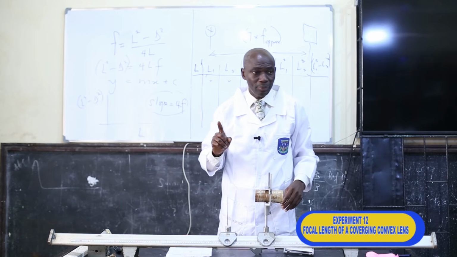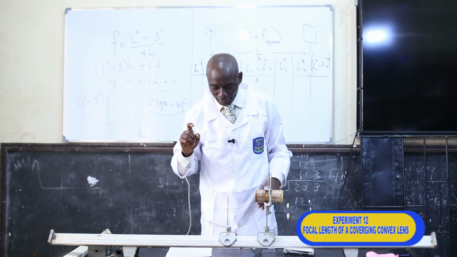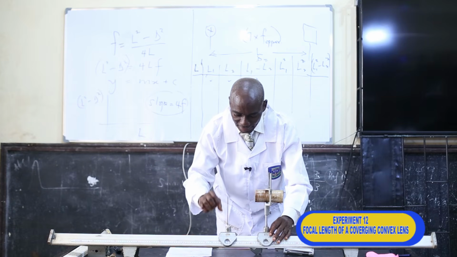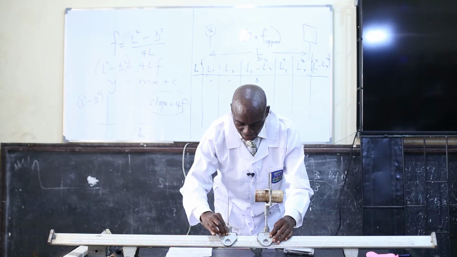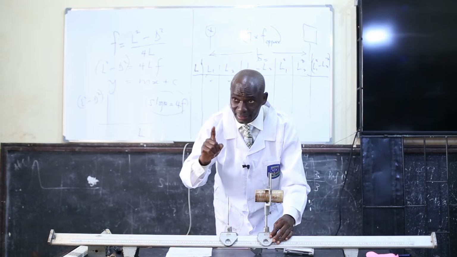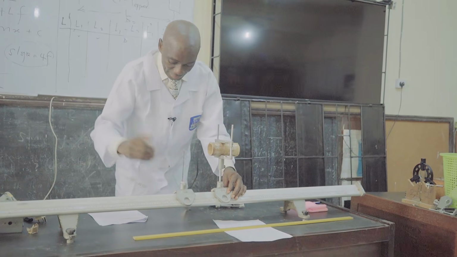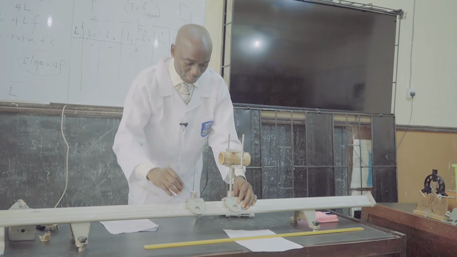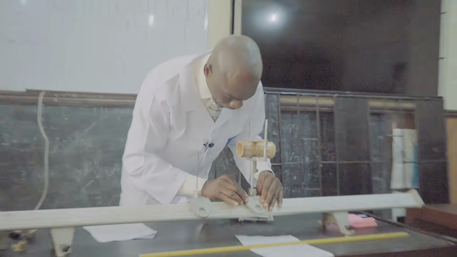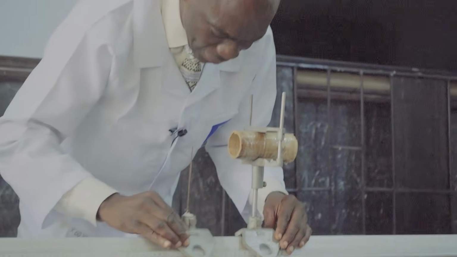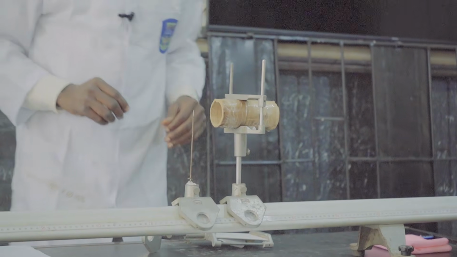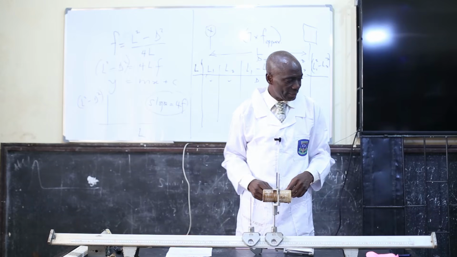Now we should take note that to obtain the virtual image, the distance of the object must be less than the approximate focal length I got initially in the first method and the second method as well. So I will have it here, then I'll put it at a point less than the focal length.